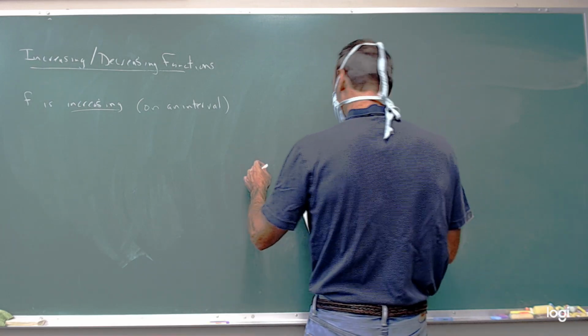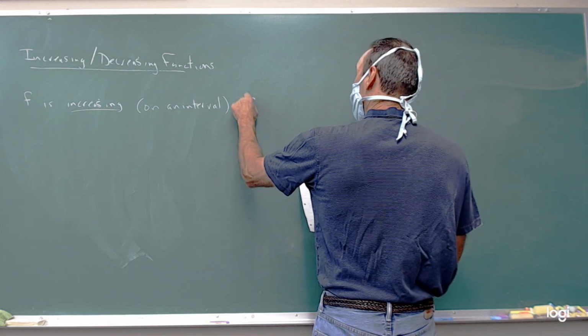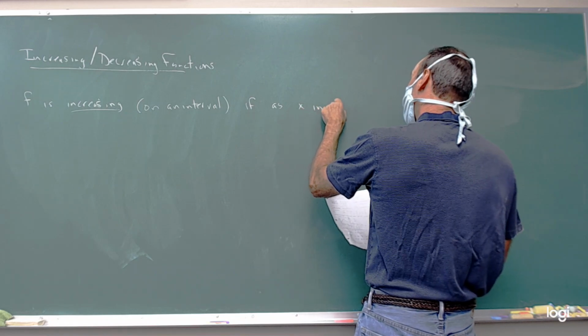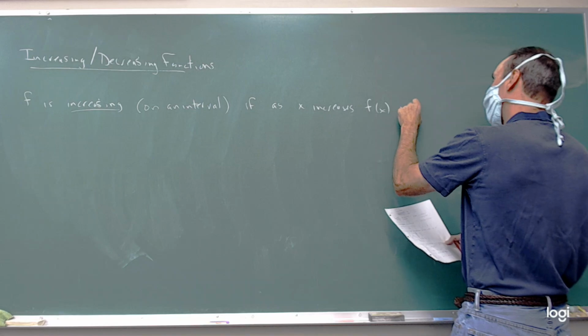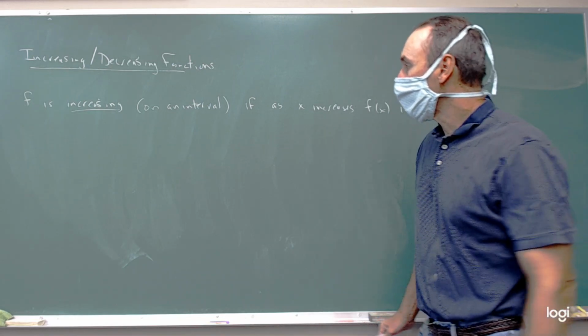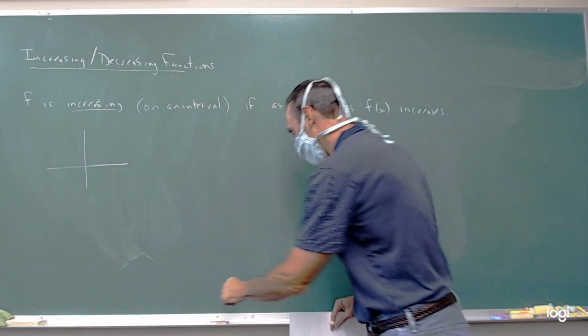So f is increasing if as x increases, f of x increases. These values increase. What in the world does that mean? Let's look at it visually here.